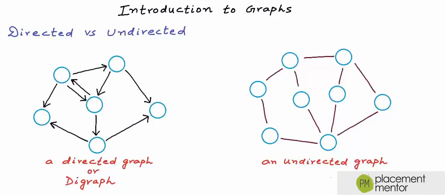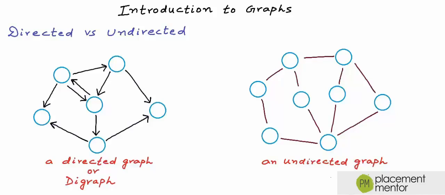There is no special name for an undirected graph. Usually, if the graph is directed, we explicitly say that it's a directed graph or digraph. So these are two types of graph: directed graph or digraph in which edges are unidirectional or ordered pairs, and undirected graph in which edges are bidirectional or unordered pairs.